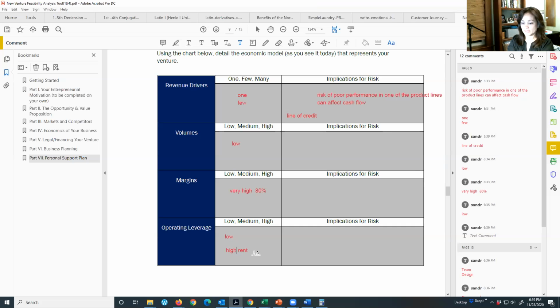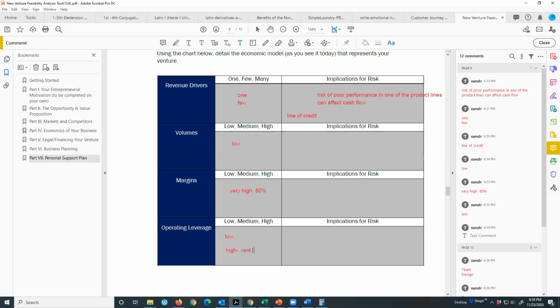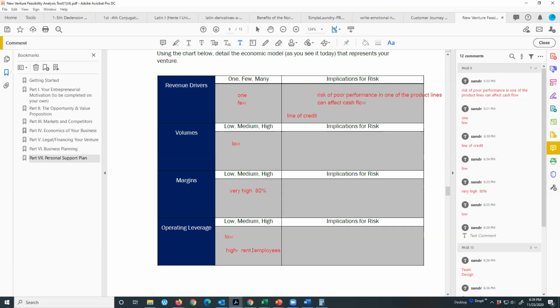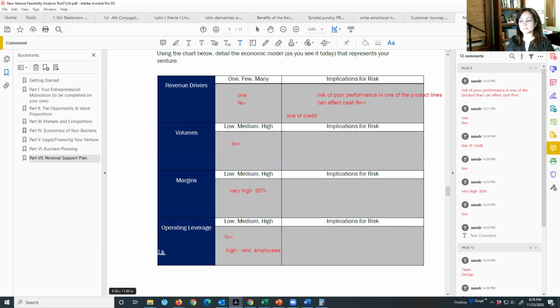Okay, so this is a risk for you. You have rent because you have the building. You have employees. They're seniors. We're doing the old people, because old people, they can fold and they're reliable. You probably don't have as much risk as I'm thinking, but this could be a risk for you.